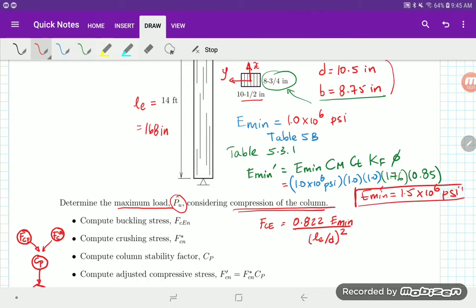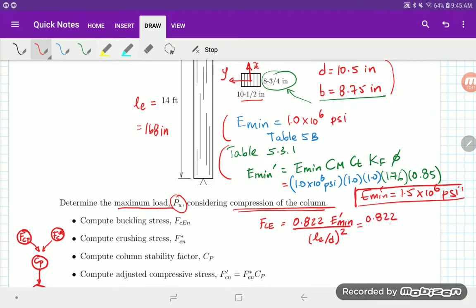So table 5B and then table 5.3.1 are for us to compute this E min, which is the reference value here for FCE. So you can plug in those numbers now.